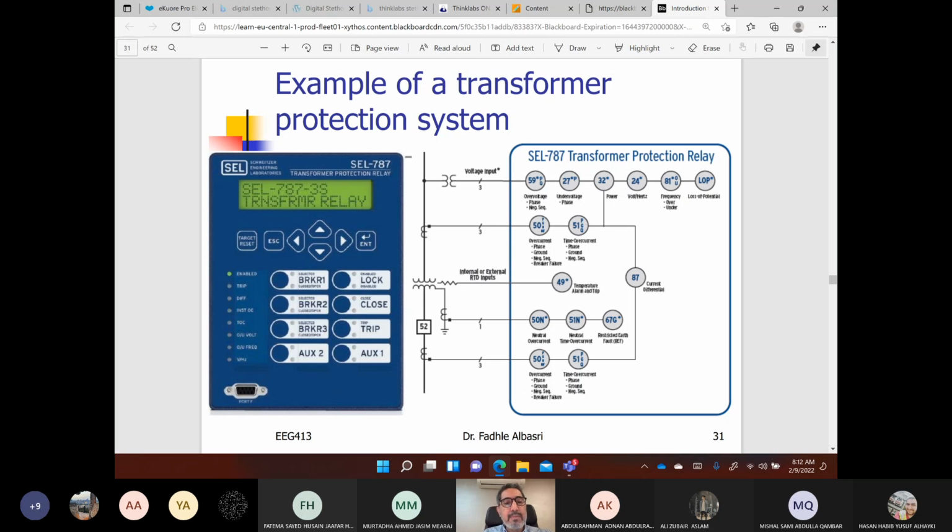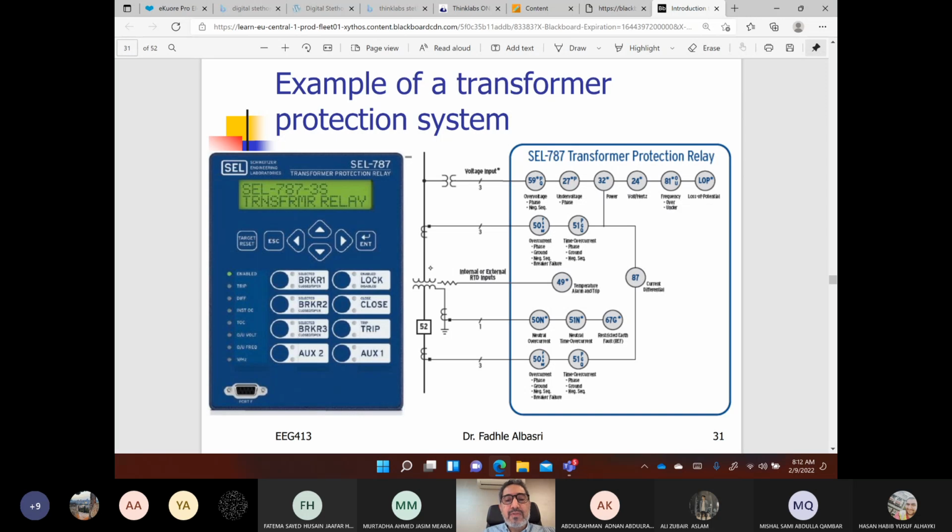This is an example of a transformer protection relay from Schweitzer Engineering Laboratories, one of the famous relay manufacturing companies in the USA. This relay has several protection functions in it.